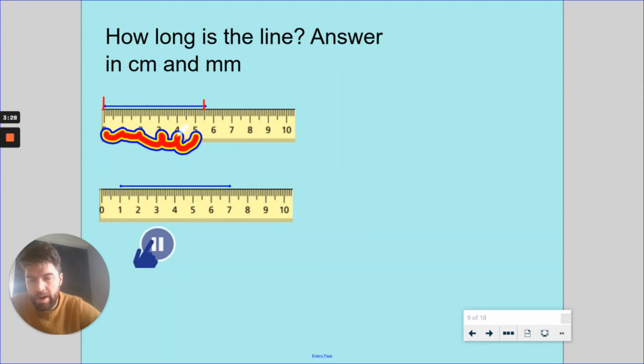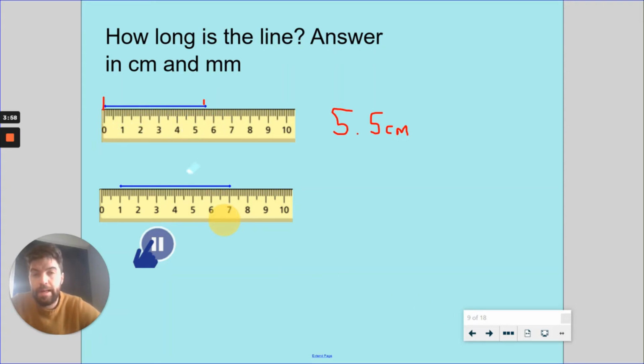I haven't quite got another full centimetre, so I count up 1, 2, 3, 4, 5, which tells me I've got 5.5 centimetres. I've had to go into decimal points there, showing it in centimetres because it was between 5 and 6.